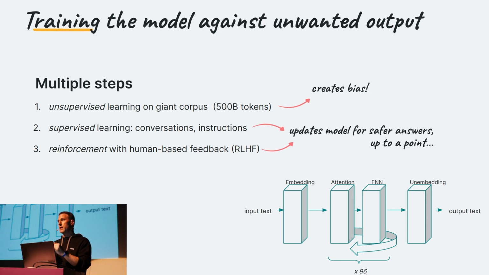And so it gets better at generating the same kind of text that Wikipedia contains, that the New York Times website contains, and so on. So it's actually during this step that we are introducing bias in the model, because of course this text is biased, and all the training data that we can feed into it contains some human bias that is more or less desirable.